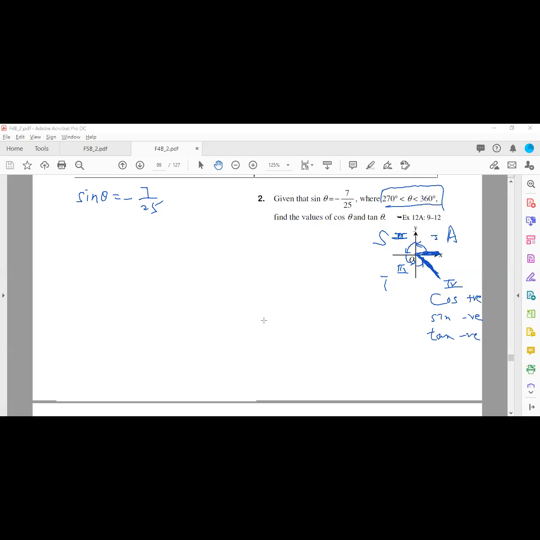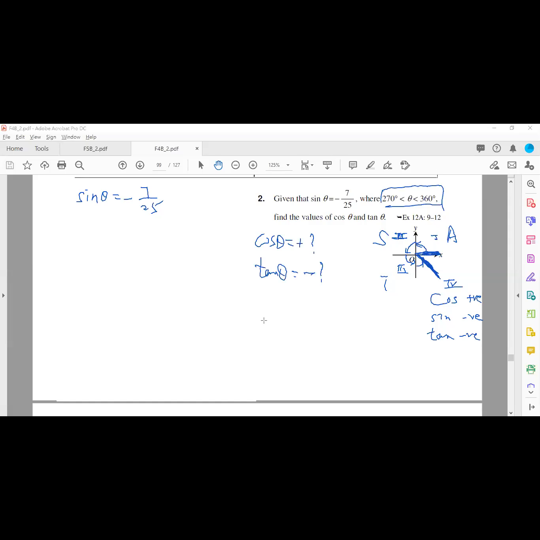So when we find cosine theta, we will know it is a positive fraction, but positive what? That has to be calculated. Tangent theta should be a negative number, but negative what number? It is to be calculated. Can you understand here?